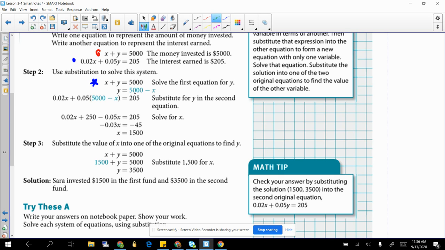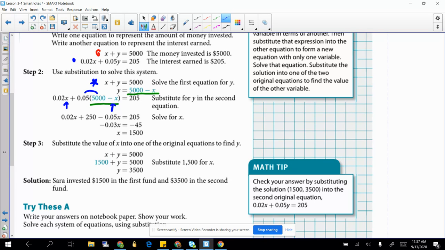And it's in a different color here, but what they did is they took that 5,000 minus x and they plugged that in for y in the other equation, okay? And so they substituted it in for y because they know that that's what y equals. And now they only have one variable in this equation, and they're both x's. So as soon as you only have that one variable, then you can solve.